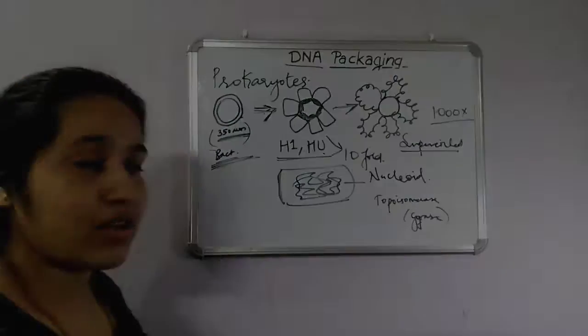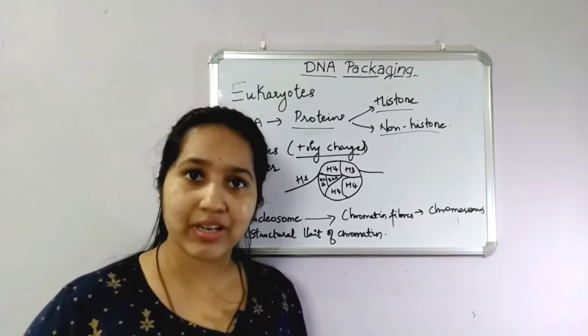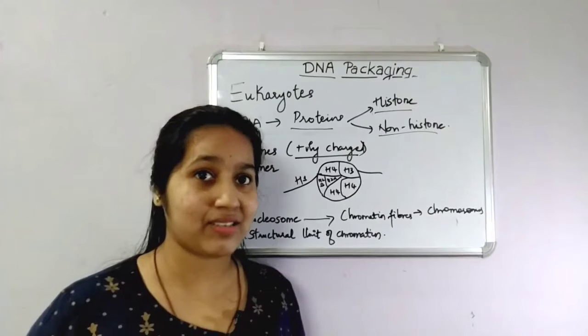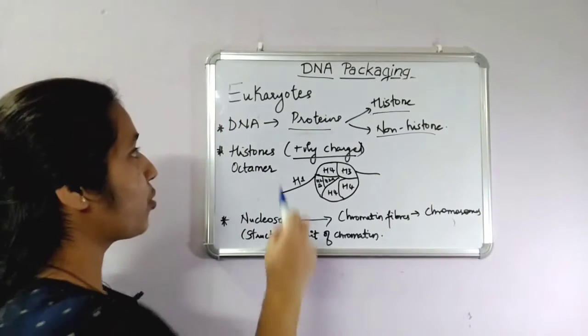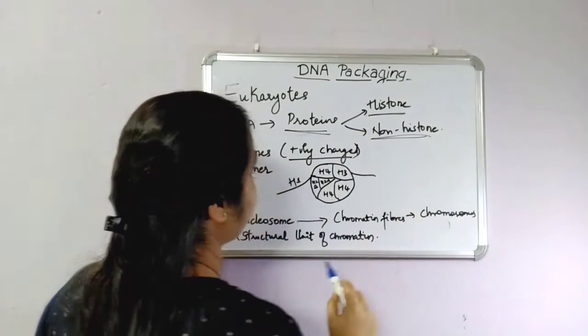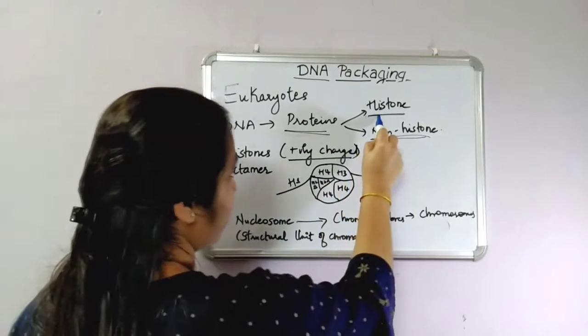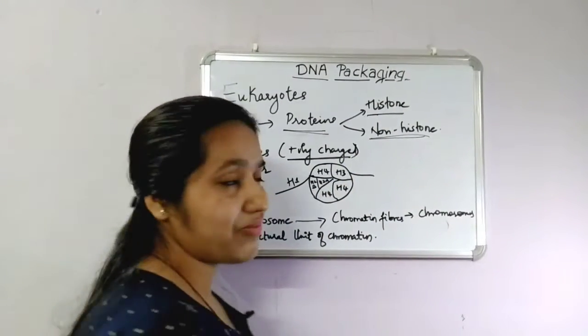They maintain these supercoiled structures. The organization of the DNA inside a eukaryotic cell is much more complex than that of prokaryotes. Basically two types of proteins are involved: the histone proteins and the non-histone proteins. The histone proteins are positively charged. Why positively charged?